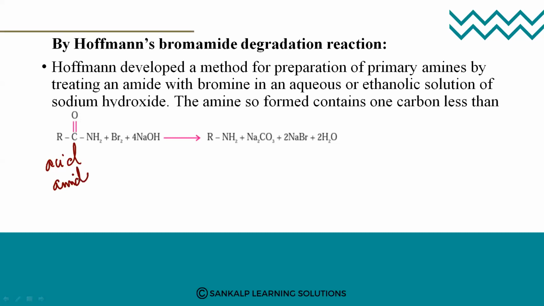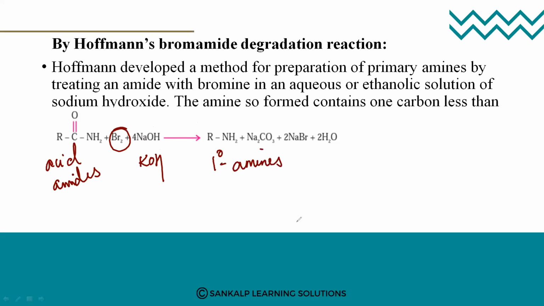The acid amide is treated with bromine in aqueous or ethanolic NaOH. You can take an aqueous or ethanolic solution of NaOH or KOH, and it gives you a primary amine.